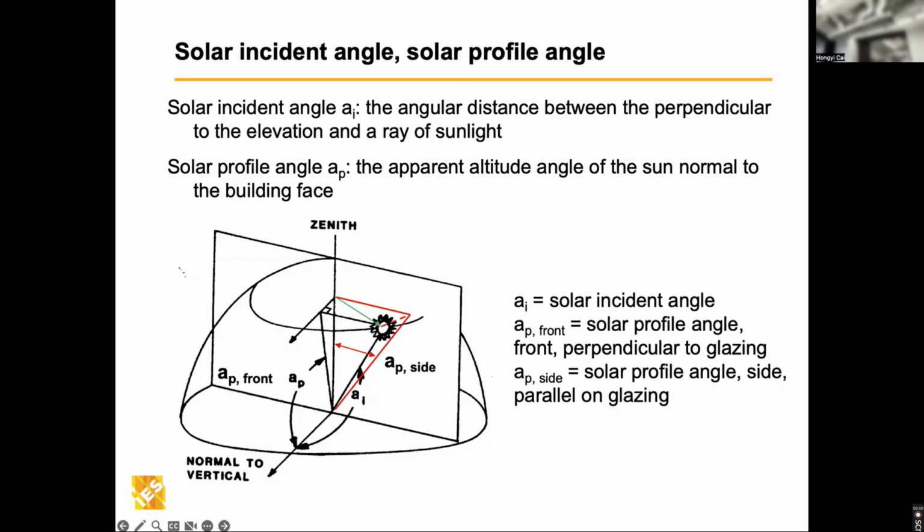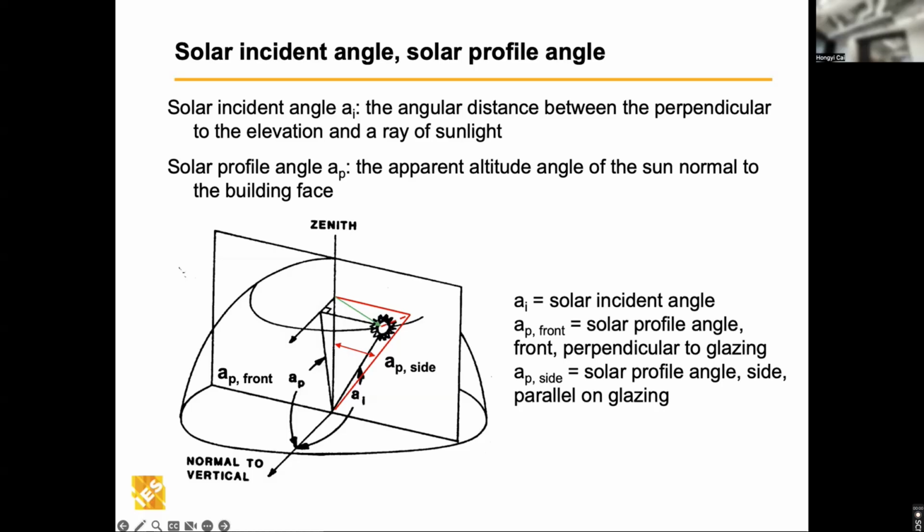So in this case, say this is your window gradient. You have your sun right here outside, and you are standing behind the window, inside. The front profile angle alpha P is defined as the projected angle. You see, this is your sunlight.